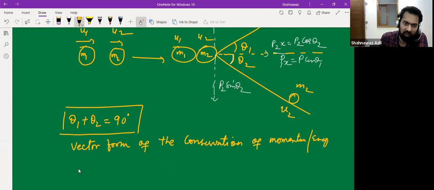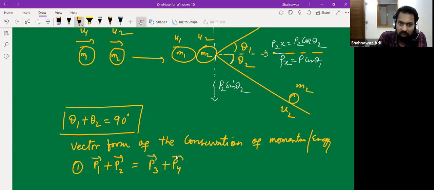So what will be the vector form? The vector form will be P1 plus P2 equals P3 plus P4. So for elastic collision, theta 1 plus theta 2 will be 90 degrees.